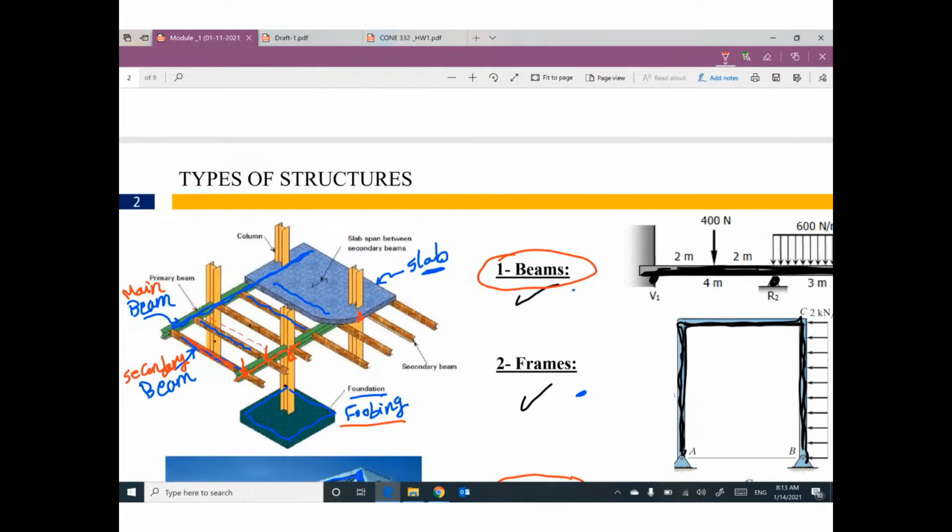And finally, this main beam is supported by this column and this column. And finally, the column is supported by this foundation and this foundation and any other foundation.